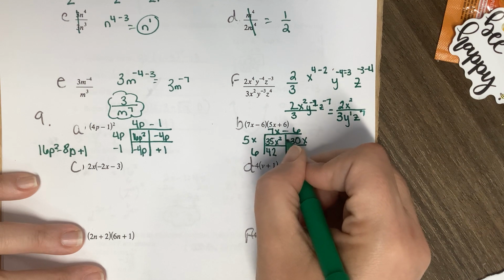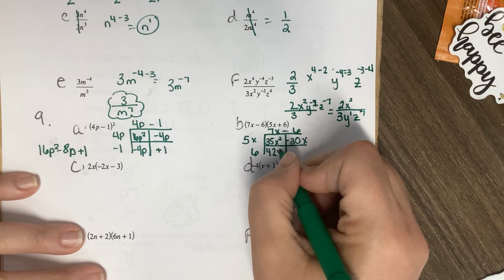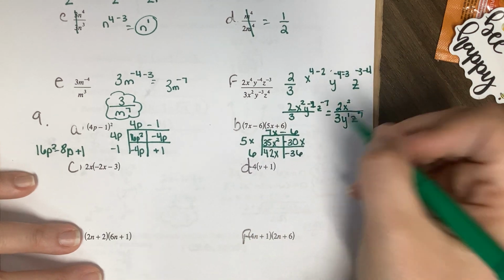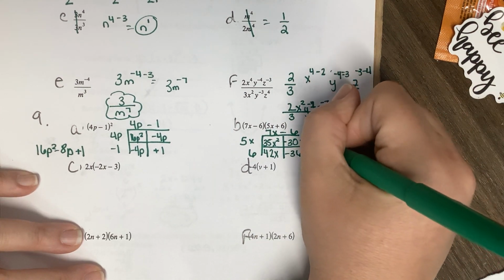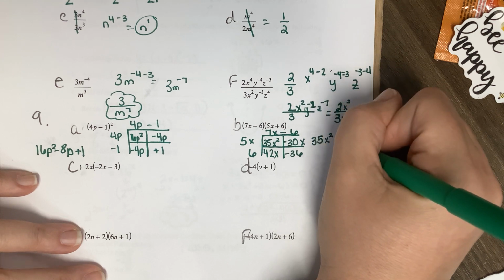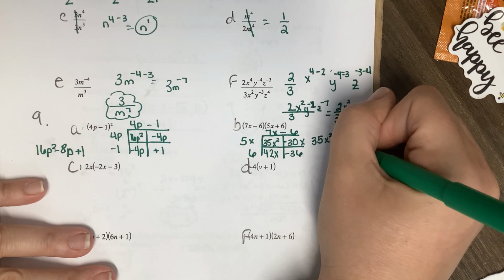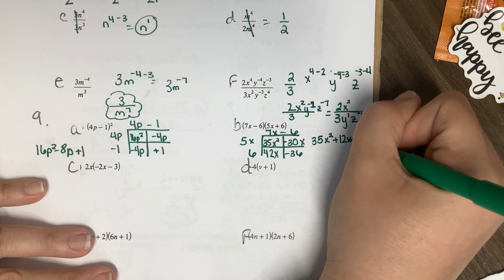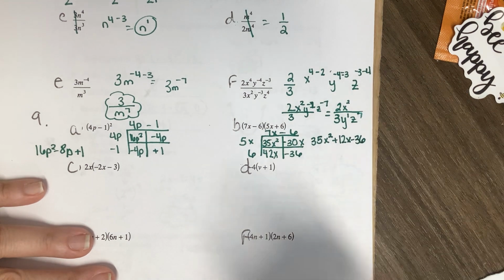Oh, I forgot my negative on this one. And then 6 times negative 6 is negative 36. Combining your like terms, 35x squared plus 12x minus 36.